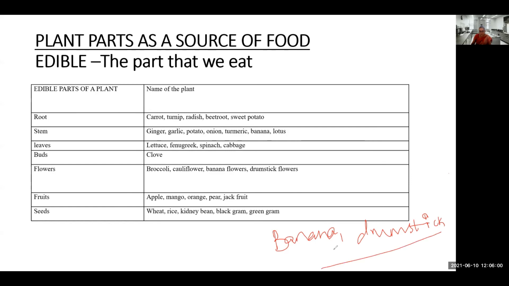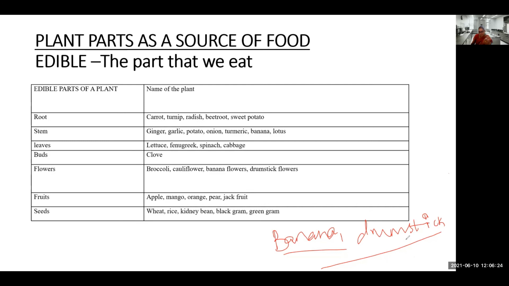Example, banana: we can eat the stem of the banana plant. Am I right? Banana stem we can eat. Banana flower we will be eating. Banana fruit. So banana has more edible parts. The parts which we can eat from the banana are flower, stem, and fruit.